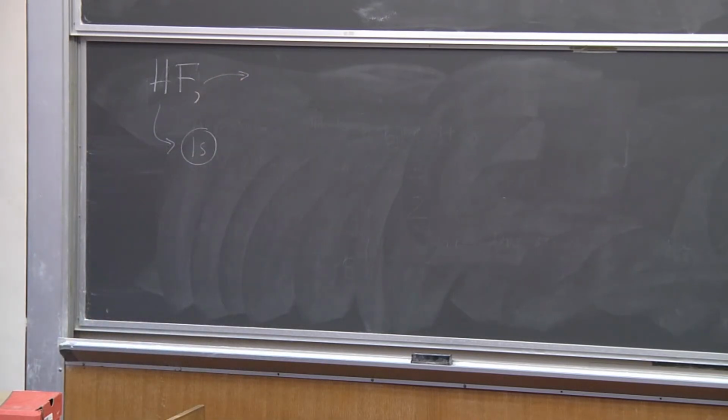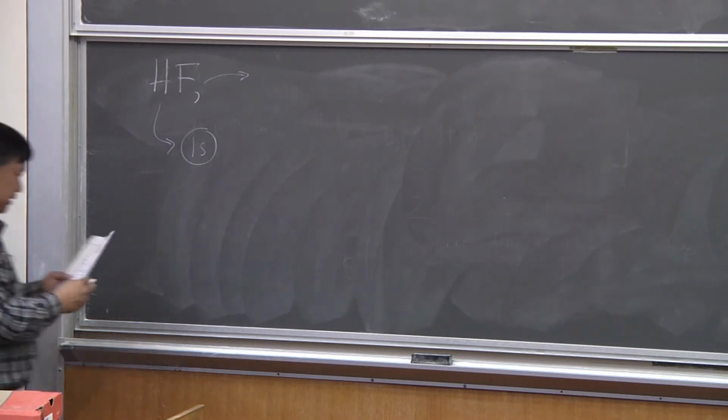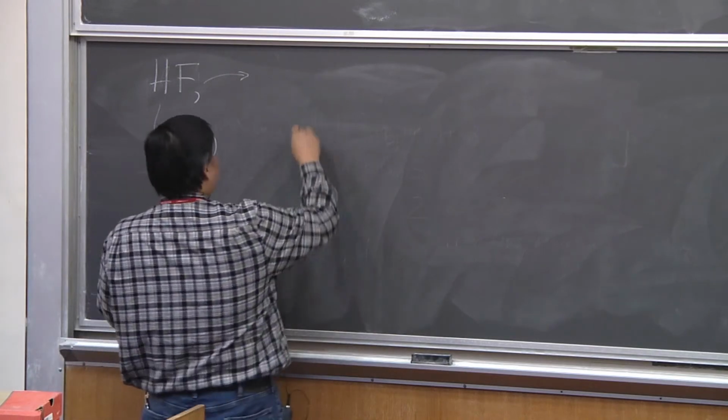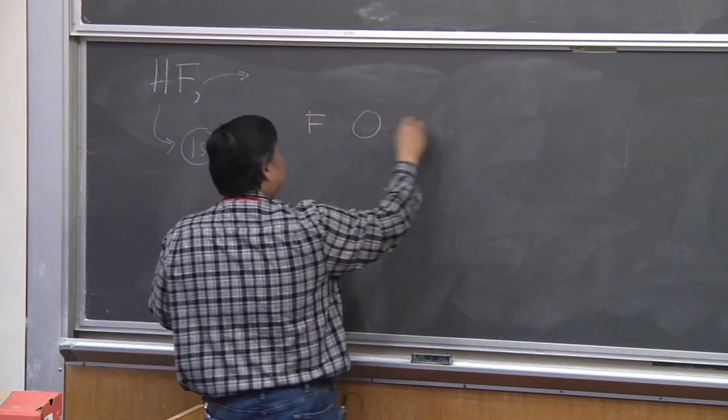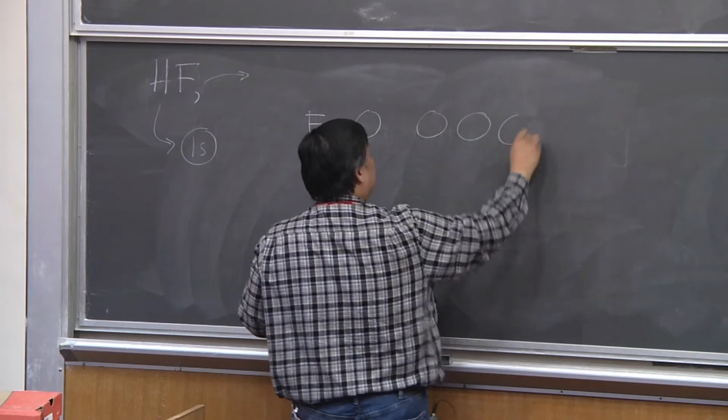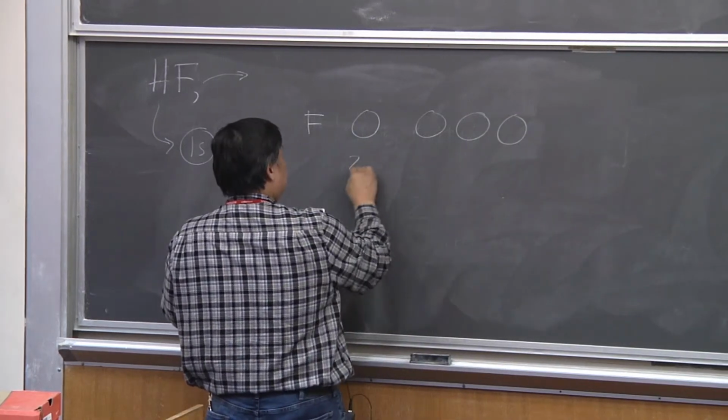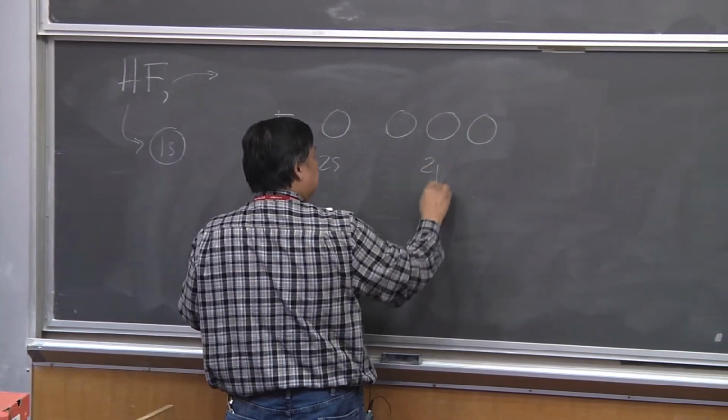I'm picking the orbital which only has one electron on it. So let's draw the configuration of the valence of fluorine. If I draw the orbital diagram, I'm just going to go to the 2s and the 2p.